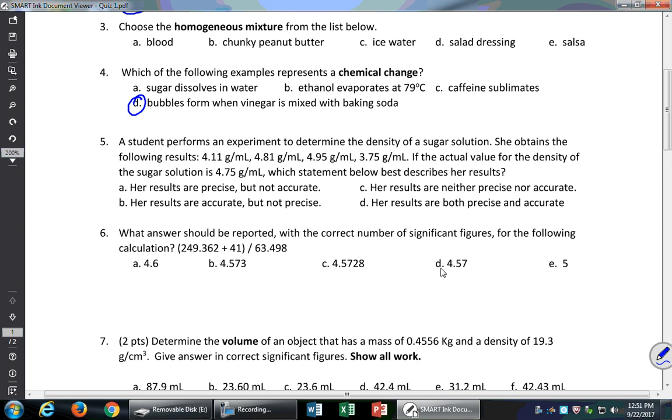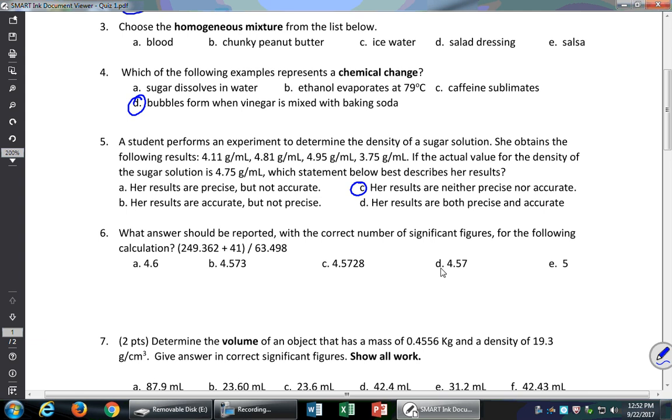This last ambiguous value might jump, but if we only had 2 decimal places, 4.7, and these were all close to 4.7, that would be more accurate. But because we have the 2 decimal places, that means that our instrument was sensitive enough to go all the way to that second decimal place. But I did get partial credit for B, because you still did get that it wasn't precise. But it's not precise or accurate, so it should have been C.